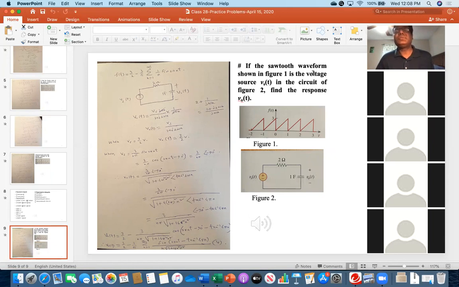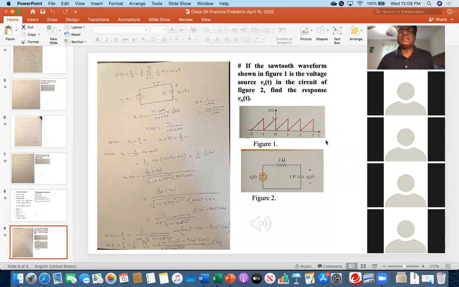If the sawtooth waveform shown in figure 1 is the voltage source Vs(t) in the circuit of figure 2, then what should be the response V0(t)?